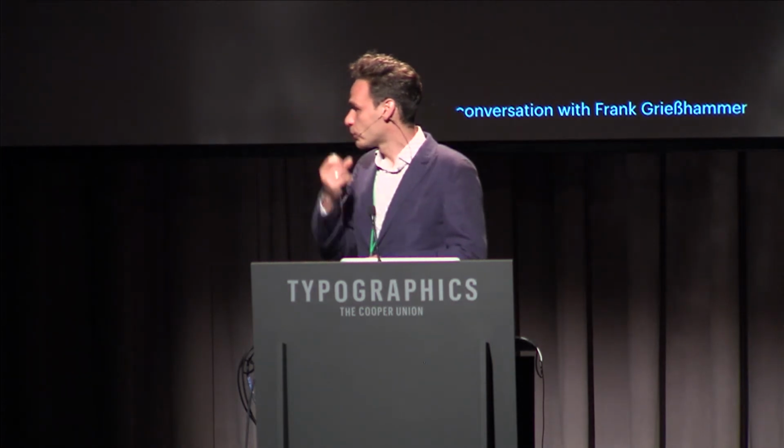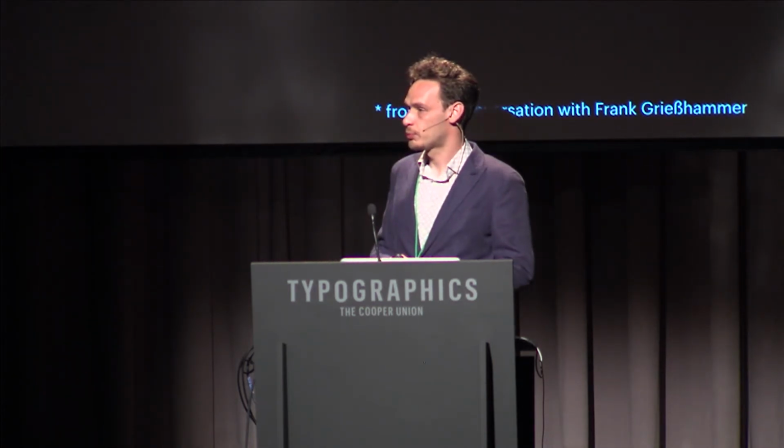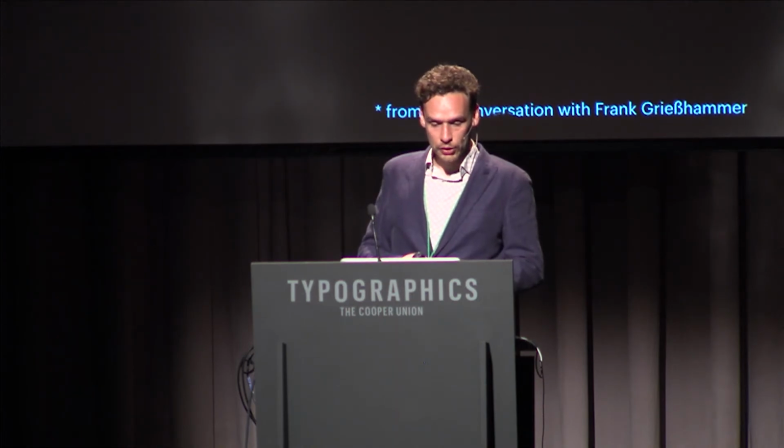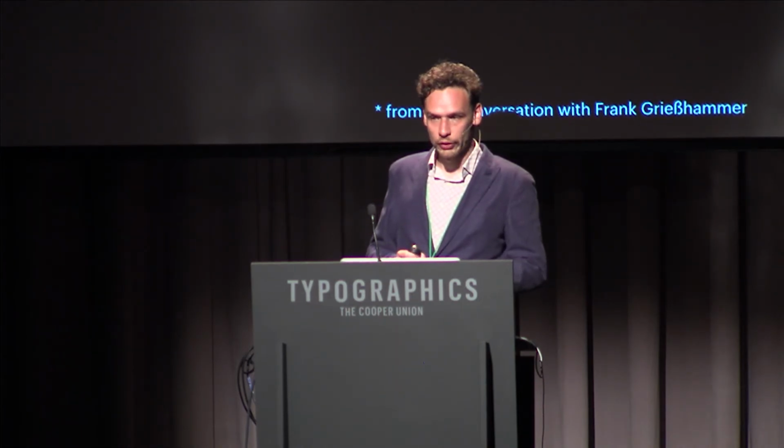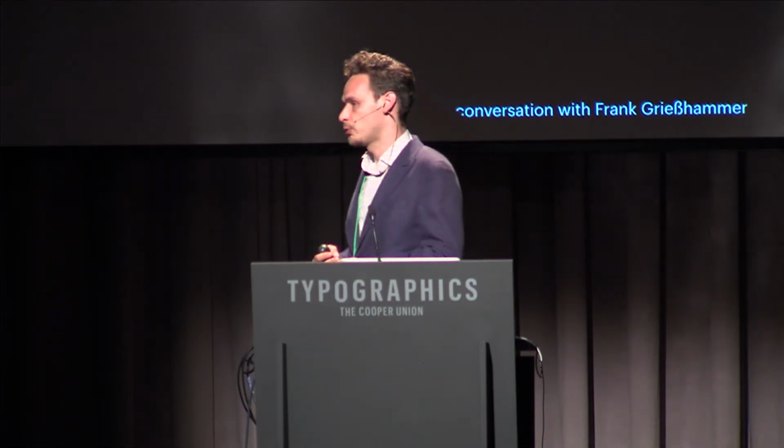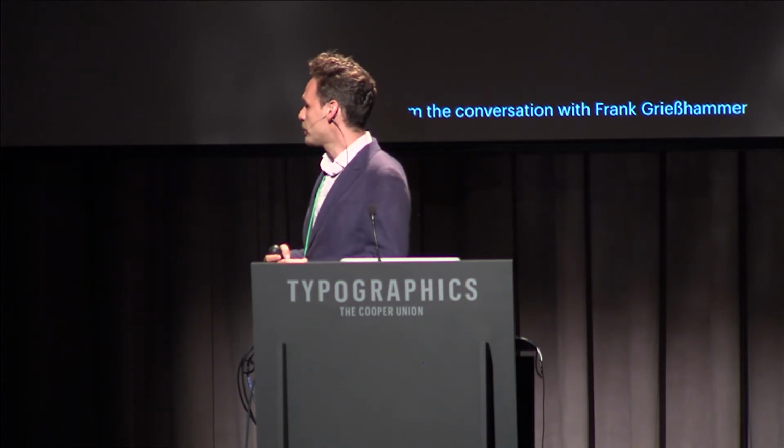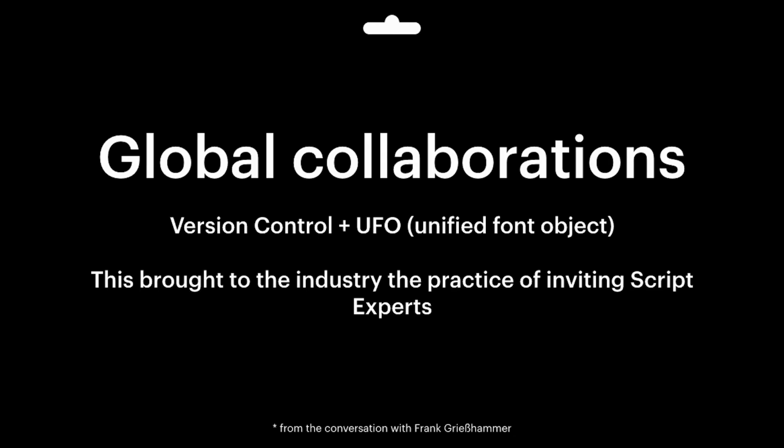Technology changed a lot our way of production. With the help of version control and open type formats, which can be read by scripts, we can make a lot of huge projects which were hardly possible before. It also brought to the market a very nice practice of inviting script experts like me.